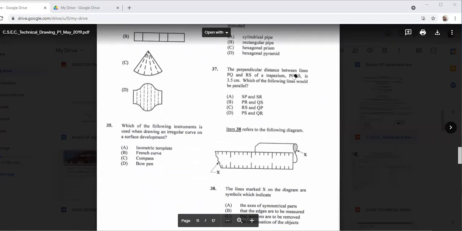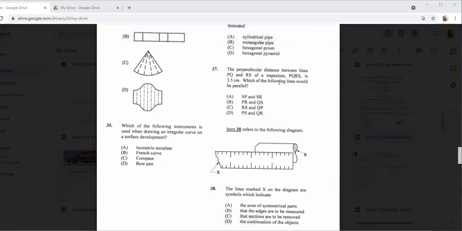The perpendicular distance between lines PQ and RS of a trapezium.